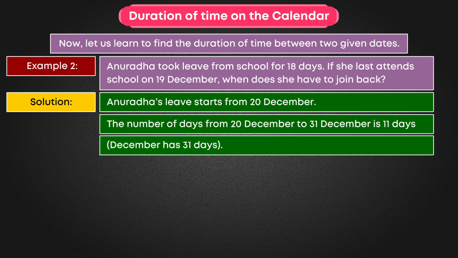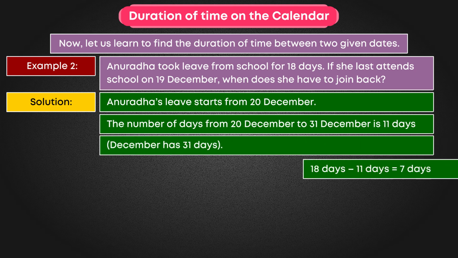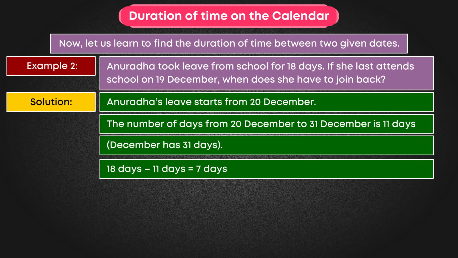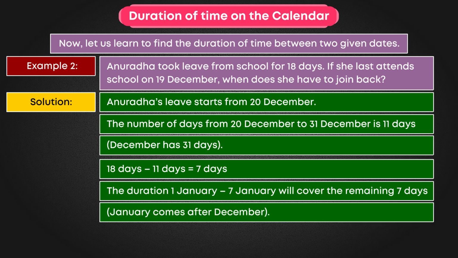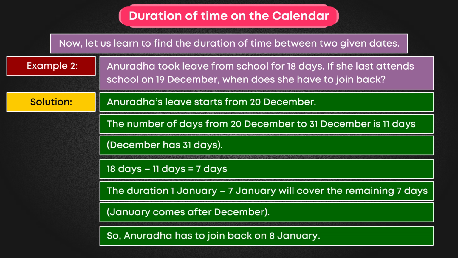December has 31 days. 18 days minus 11 days is equal to 7 days. The duration 1st January to 7th January will cover the remaining 7 days. January comes after December. So, Anuradha has to join back on 8th January.